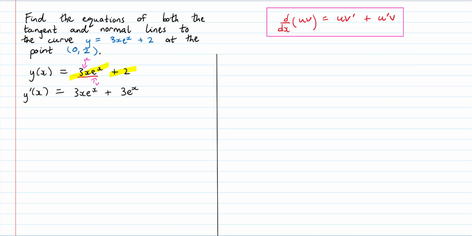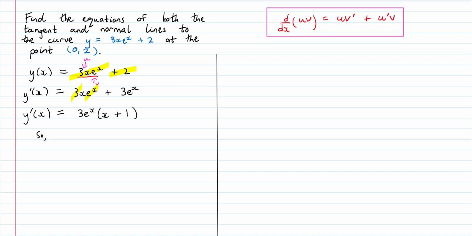Now, just to simplify it a bit, we can factor out this 3 and the e to the power of x. So we get that y dash of x is equal to 3 times e to the power of x, and then in the brackets we're going to have x plus 1. We want the gradient at the point 0, 2, so that is when x is equal to 0.